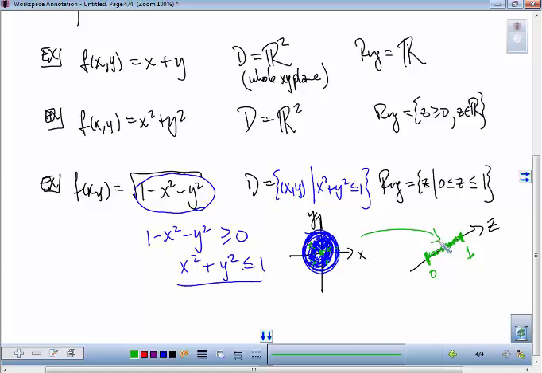So why don't we just view this in 3 dimensions? To visualize this graphically, we're going to view the domain on the xy plane and then view the range on the z-axis, and then we can think about plotting points. Okay? So let's do that.